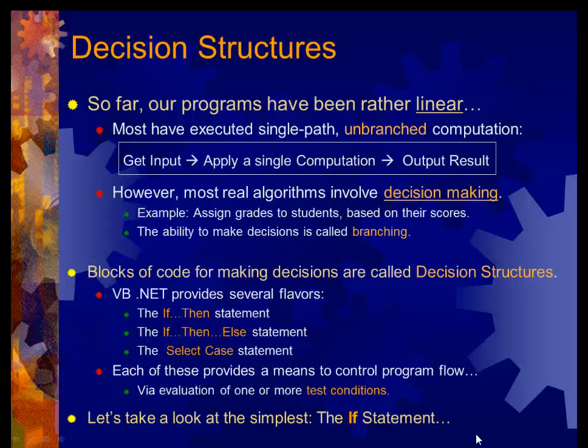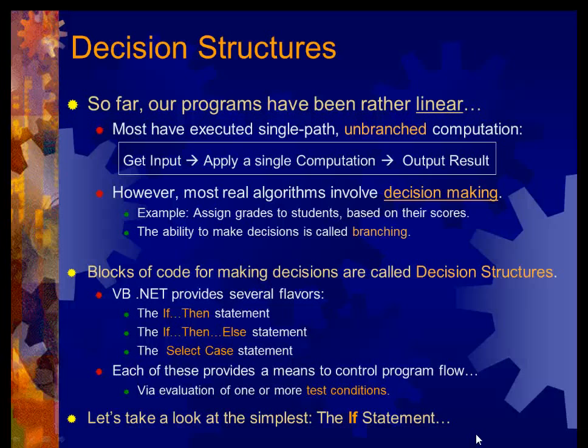Blocks of code for making decisions are called decision structures. So if we have a block of code that's used to implement a decision, we'll call that a decision structure. VB.NET provides several flavors of this: the plain if-then statement, the if-then-else statement, the select case statement, and there's one more he's not mentioning here.